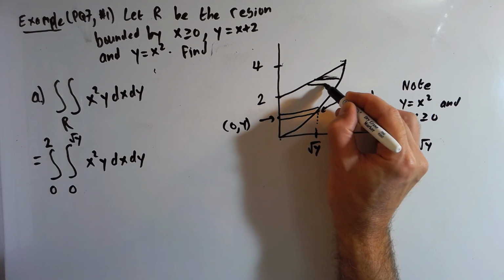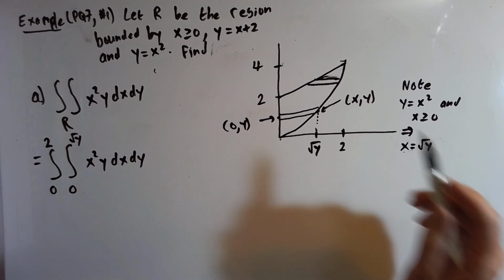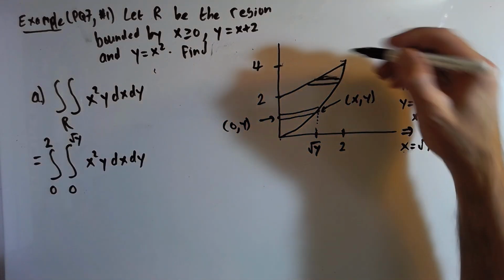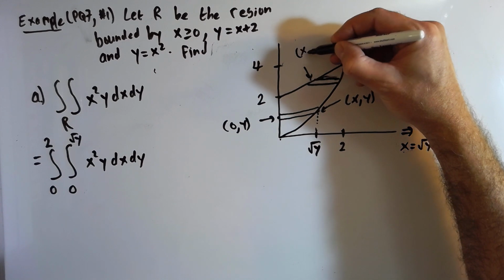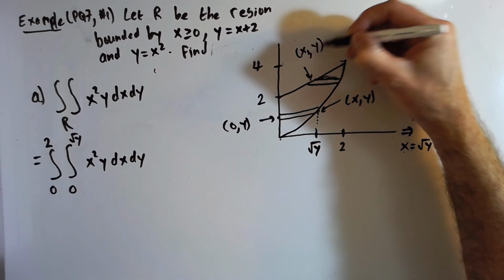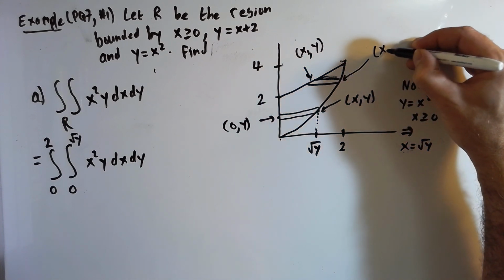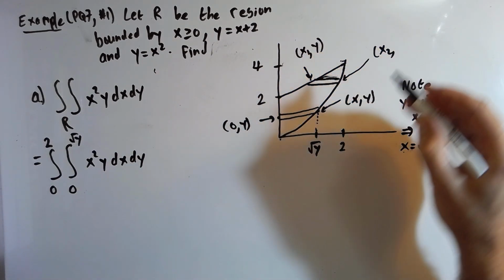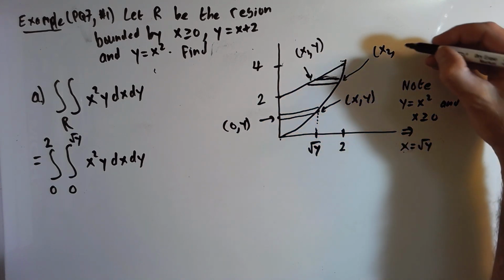So drawing a strip up here. From there it's going to go from the line to the parabola. So this point up here, let's call it x1, y. And this guy over here would be x2. Now it has a different x value, but it has the same y value as this point over here, so it'd be y.